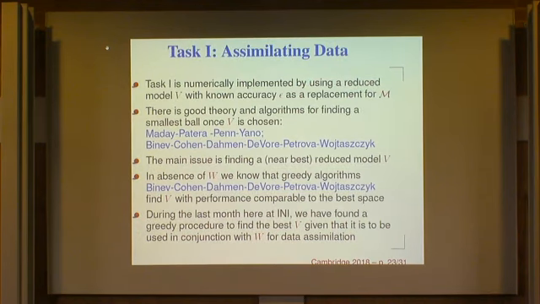Okay, so this problem of taking measurements and going to the state and finding the states that can give rise to the measurements is a well-studied problem called data assimilation.